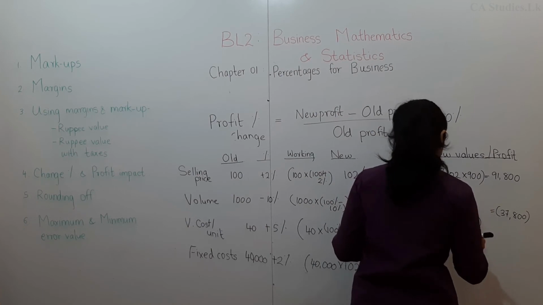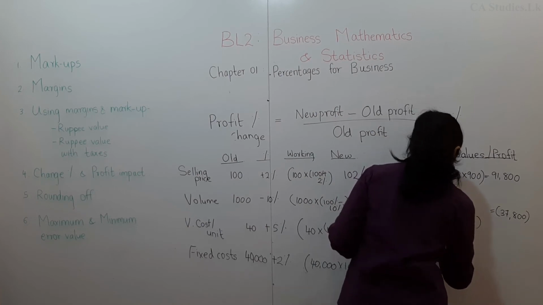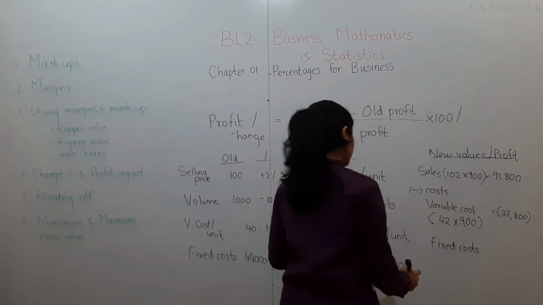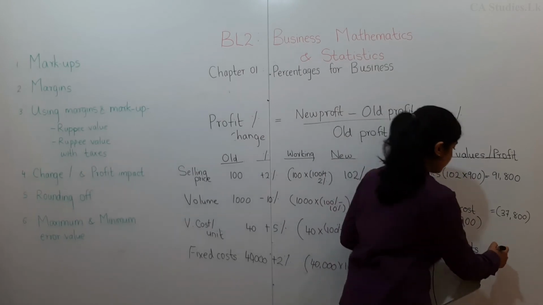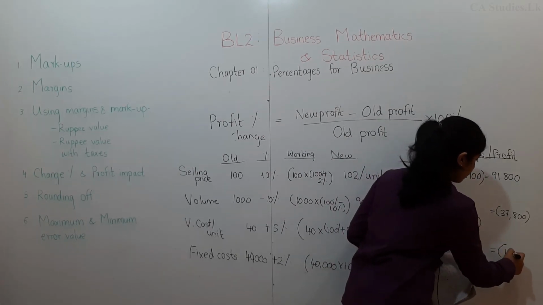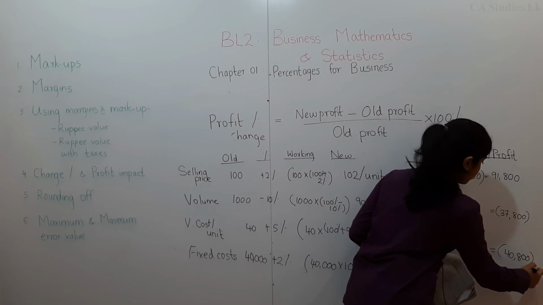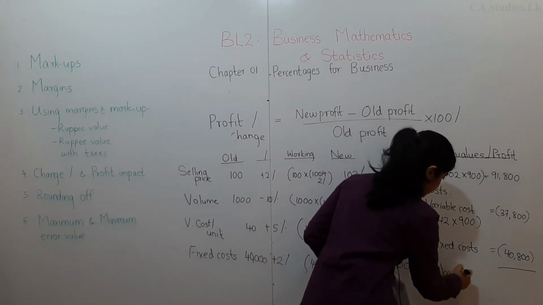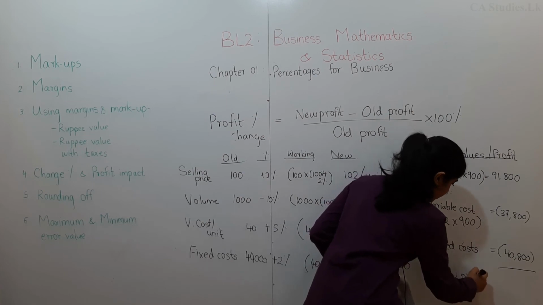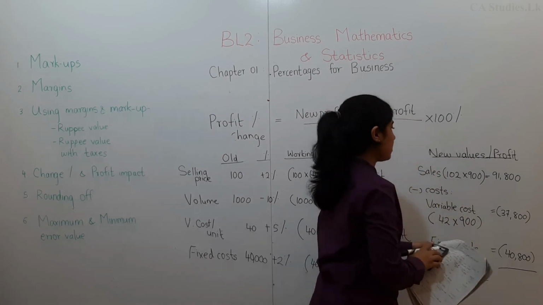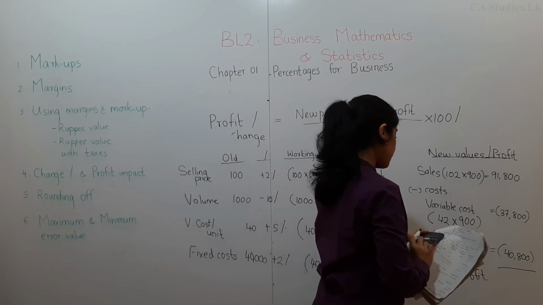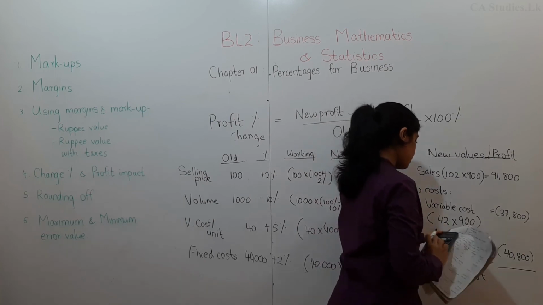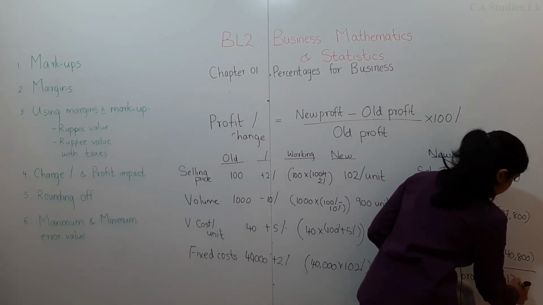Okay, and then less fixed cost. The new fixed cost is 40,800. So minus 40,800. Finally, it will be equal to your new profit. How much? If we calculate 91.8 minus 37.8 minus 40.8, 13,200.